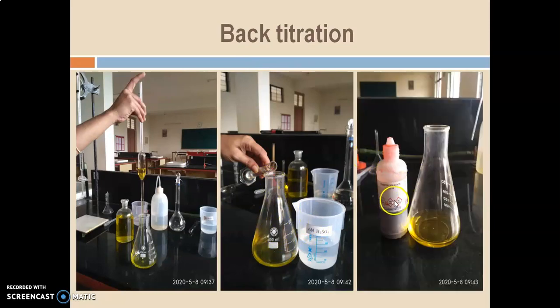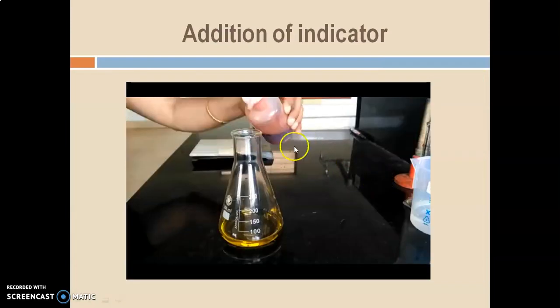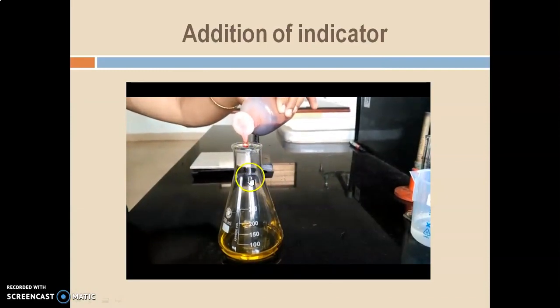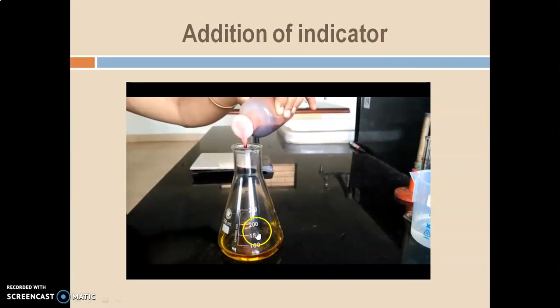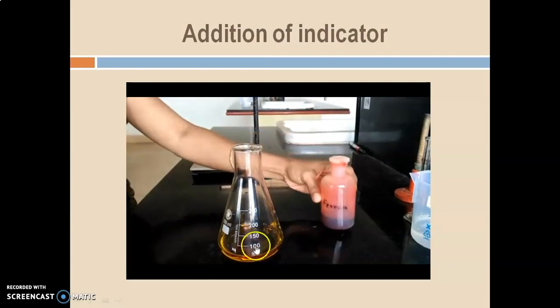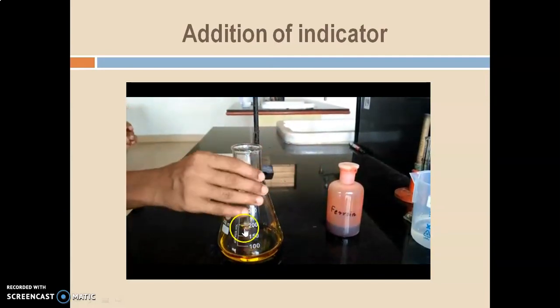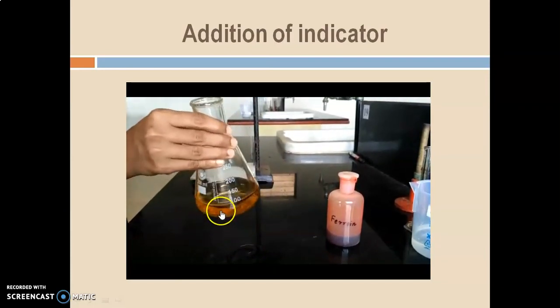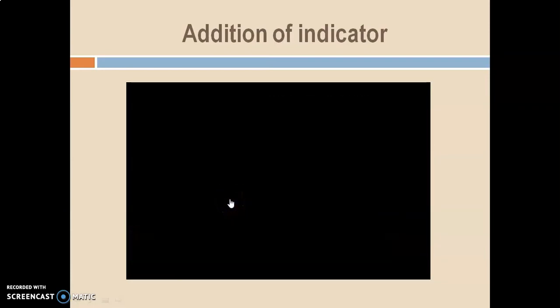Later, ferroin indicator has to be added. Around 3 to 4 drops of indicator can be added. After the addition of indicator, we can't see the pale blue color because excess potassium dichromate will be there. Its color will be imparted to the entire mass.